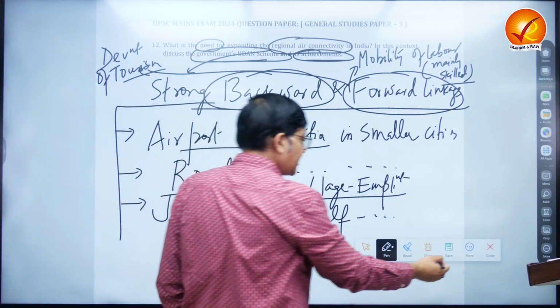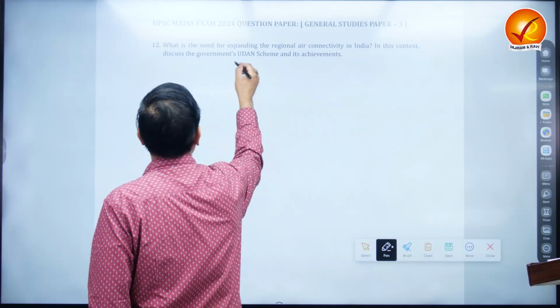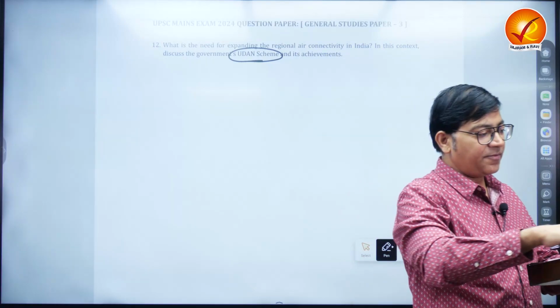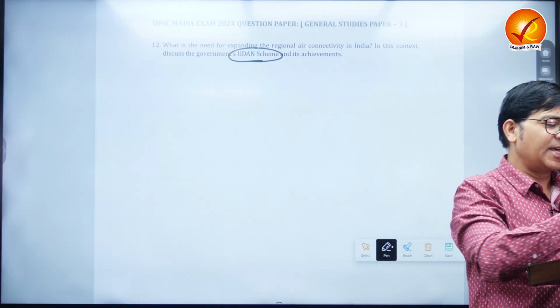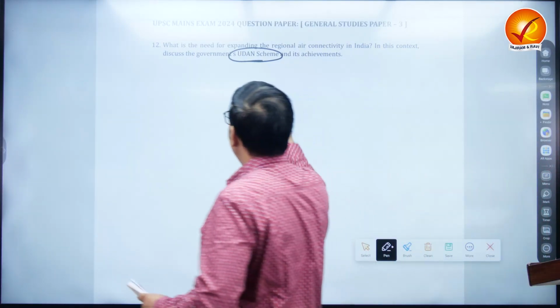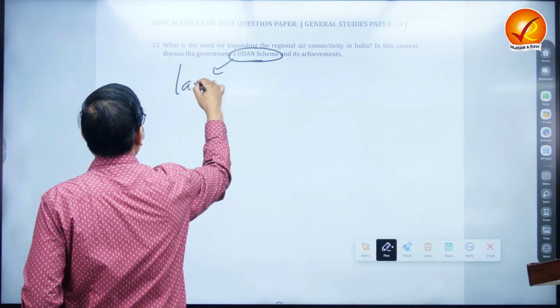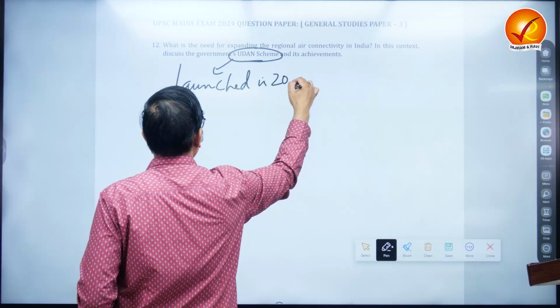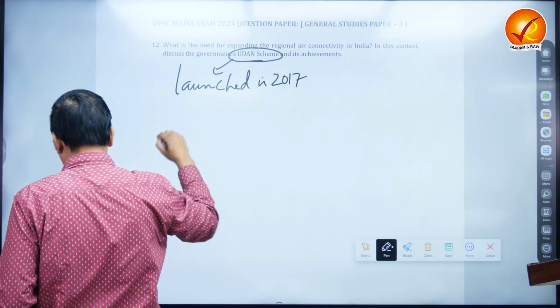When we talk of features of UDAN scheme, then you can go through the different levels. For example, again, this is more data-based question. You can say that it was launched in 2017 formally, announced in 2016, launched in 2017.